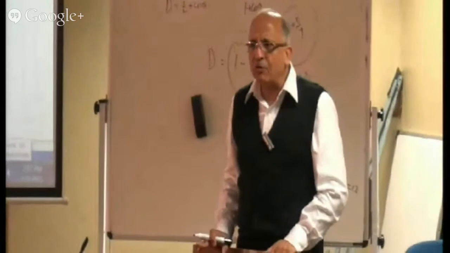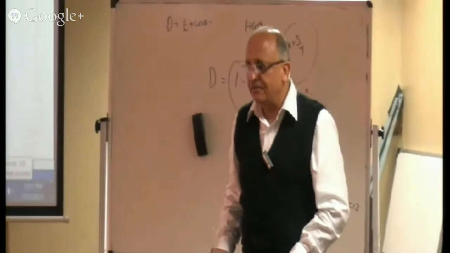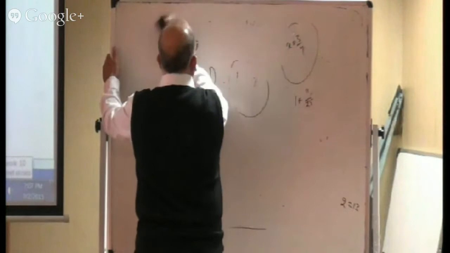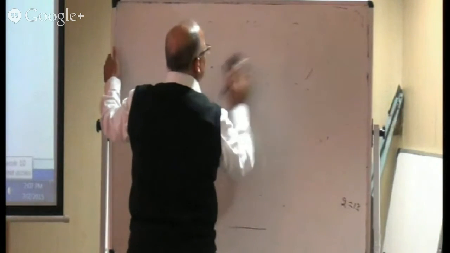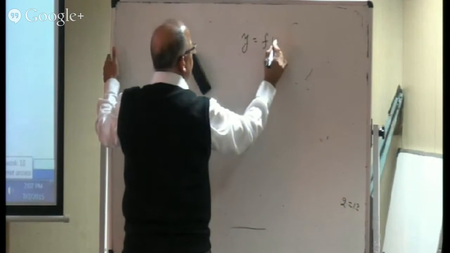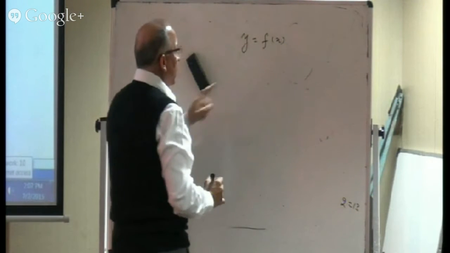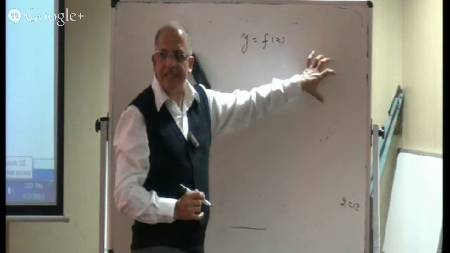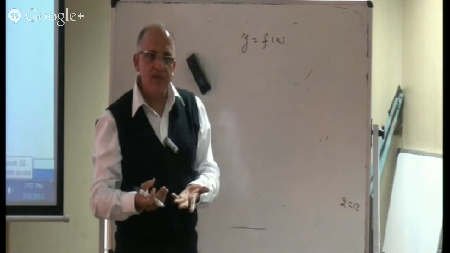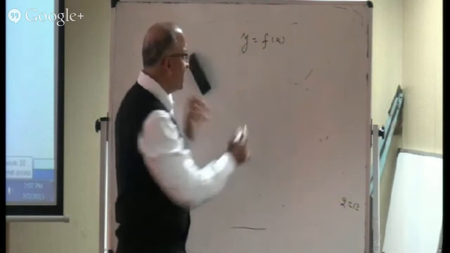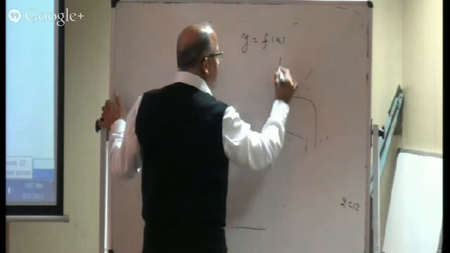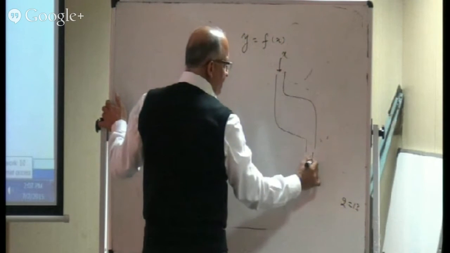You are very clear about functions? When you write a function as y is equal to f of x, then x has to be chosen from a certain set, that is called a domain, and it will give some values which are called the range. That means a function is something like a machine. From here you put x, here you get y.